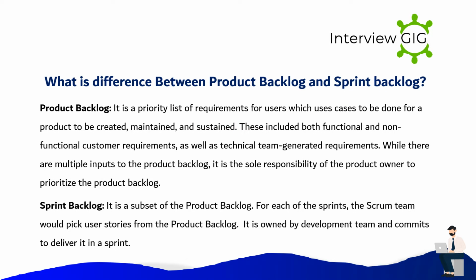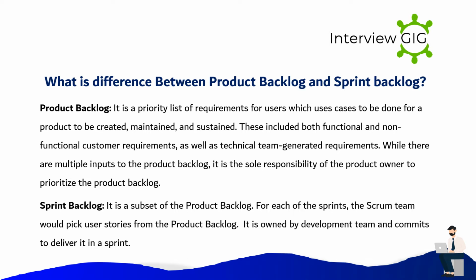What is the difference between product backlog and sprint backlog? Product backlog: it is a priority list of requirements for users, use cases to be done for a product to be created, maintained, and sustained. These include both functional and non-functional customer requirements, as well as technical team-generated requirements.